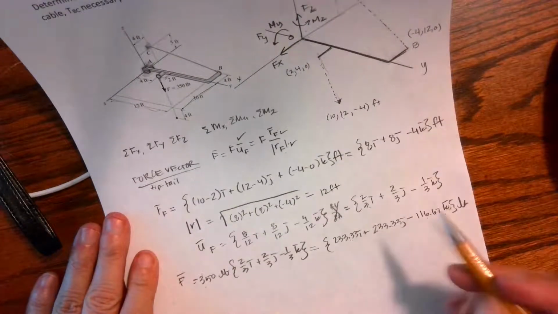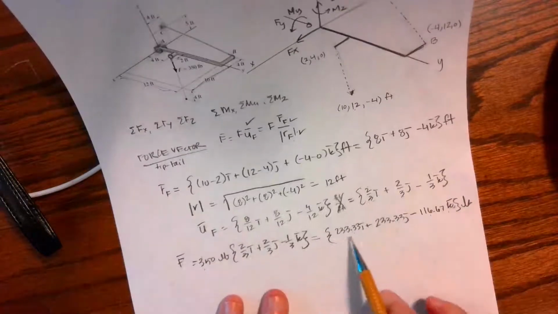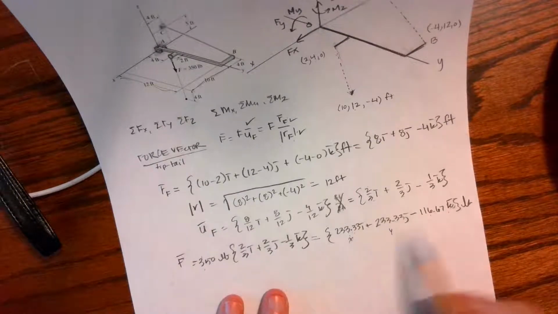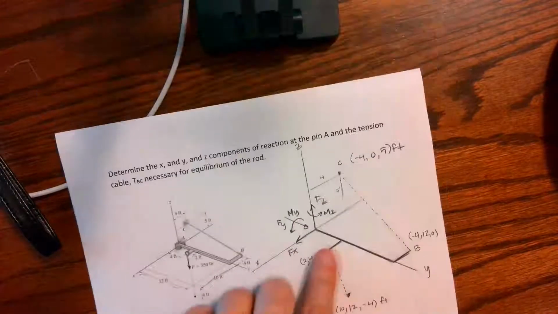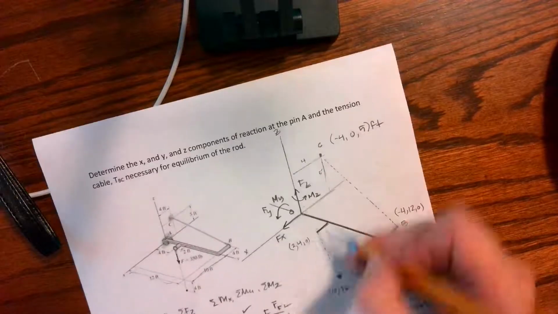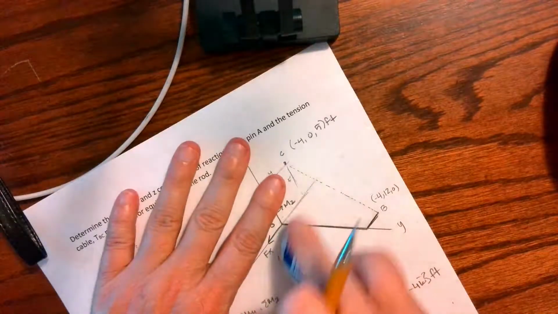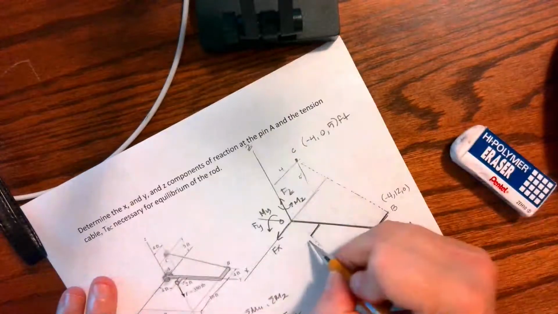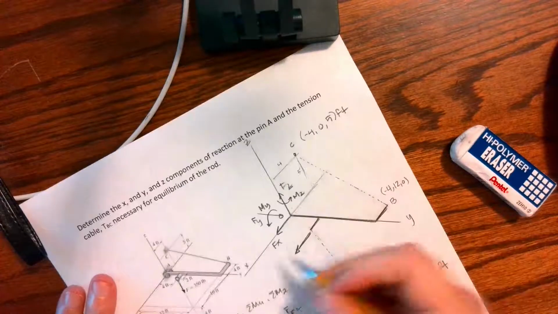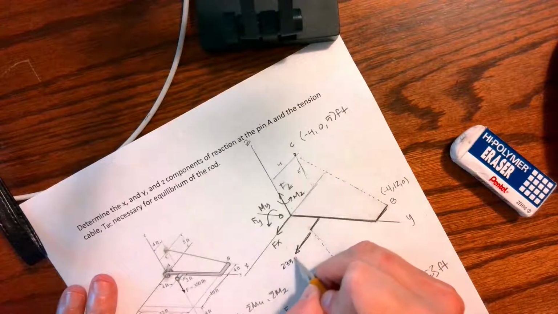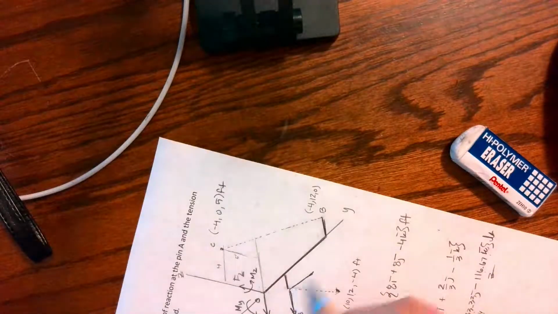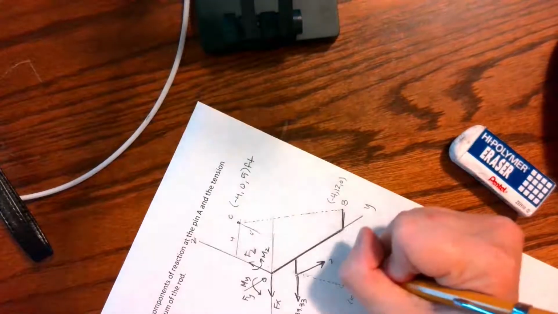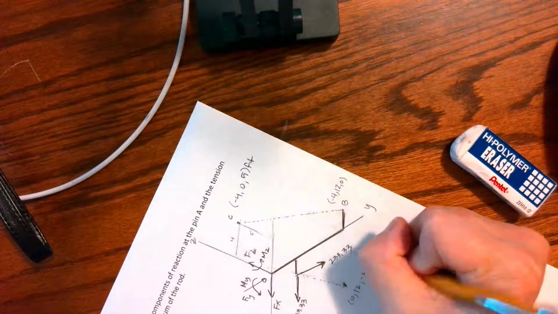Okay, so we have our force vector. This means x, y, and z. If I go back up here, I know that the x component, I'm going to erase this, it's in my way, the x component is pulling positively at 233.33. The y component is acting parallel positively at 233.33.